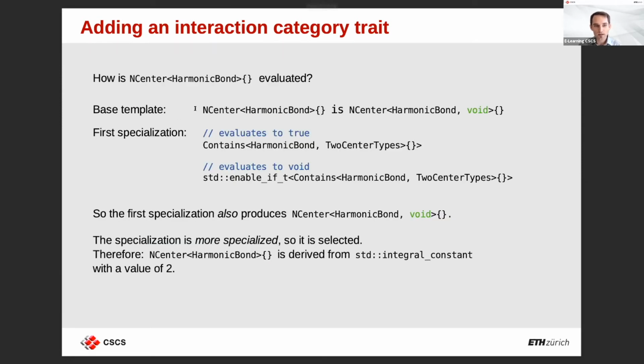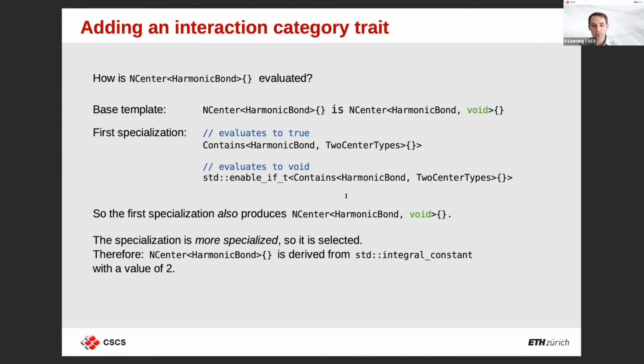So how is this really evaluated? If you instantiate here N center with harmonic bond, there's a default parameter. So N center of harmonic bond is really harmonic bond, comma, void. But then you also have the first specialization here, where contains harmonic bond to center types evaluates to true. And so the enable_if_t of true evaluates to void.